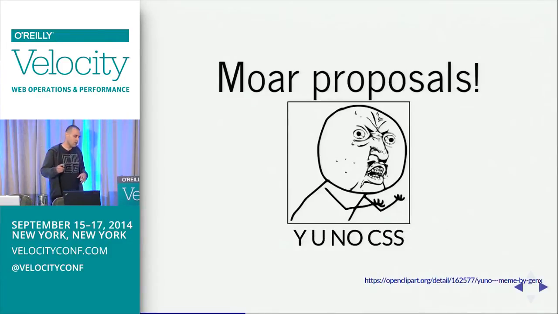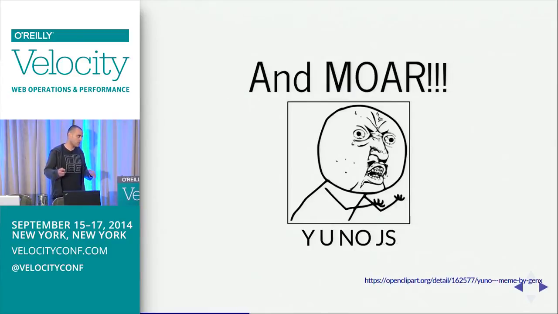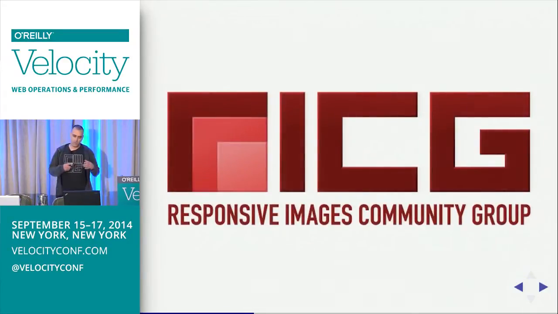There were a lot of proposals, a lot of suggestions from a lot of developers, and eventually, because this discussion was kind of derailing and creating a lot of noise on the standards mailing lists, the Responsive Images Community Group was born in order to have a dedicated forum for this discussion.